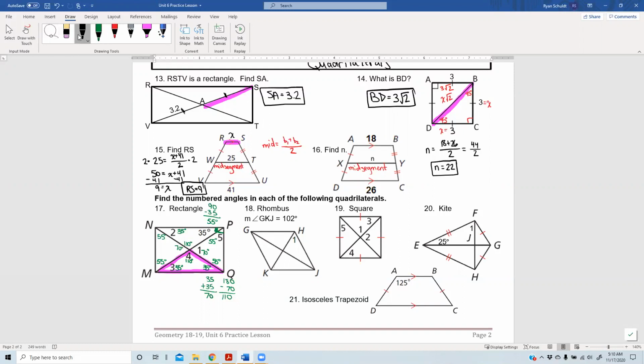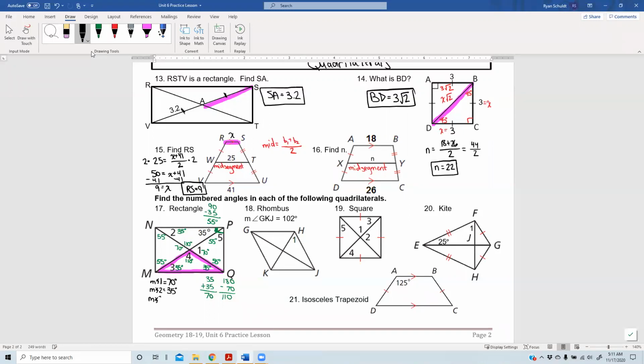So now let's write out what all of our angles are. They ask us to find 5 angles, so let's make sure we name them all. Measure of angle 1, 70 degrees. Measure of angle 2, 35 degrees.